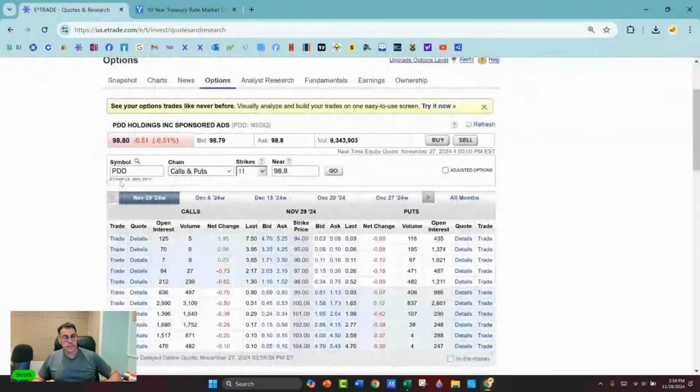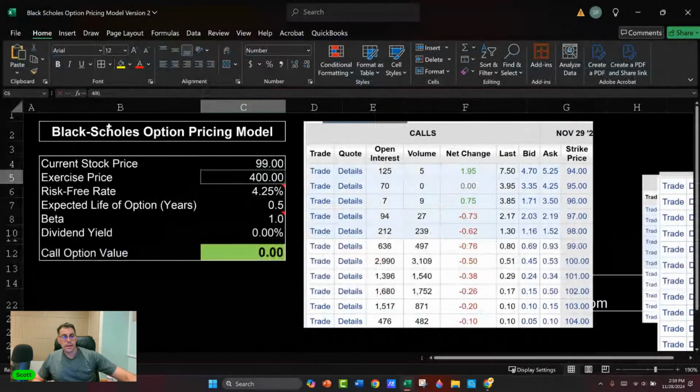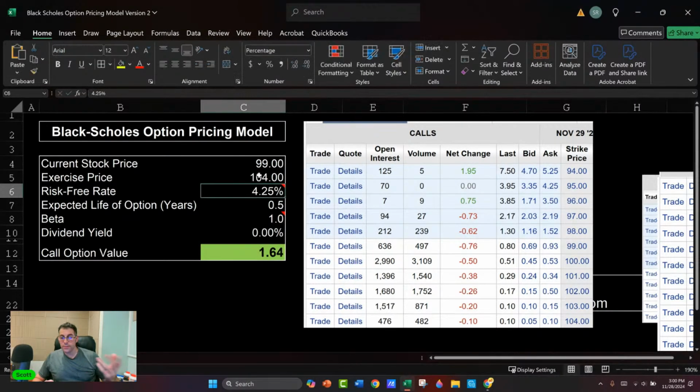Okay, what's it trading at? $99. So you want to put the current price here. Let's go. Well, it's really, okay, we'll do the 104. It's only $5. Risk-free rate. What's the beta?